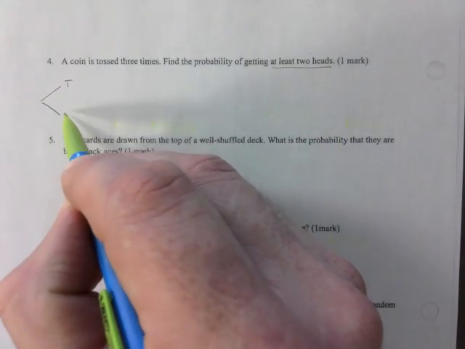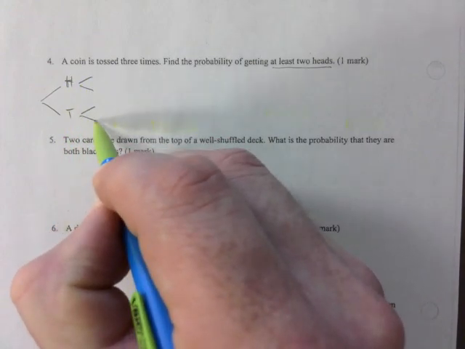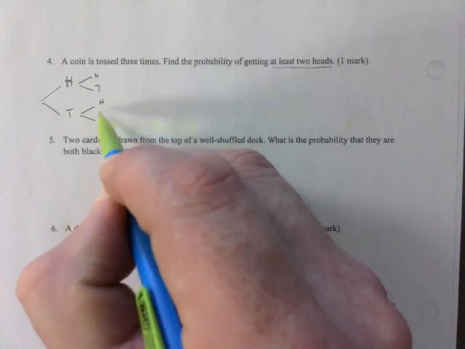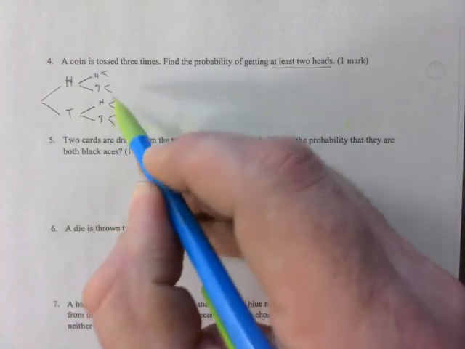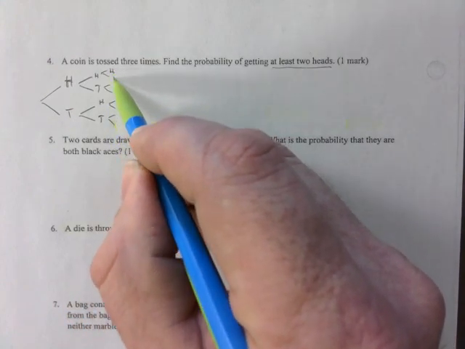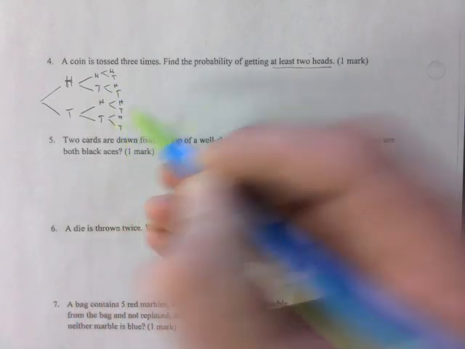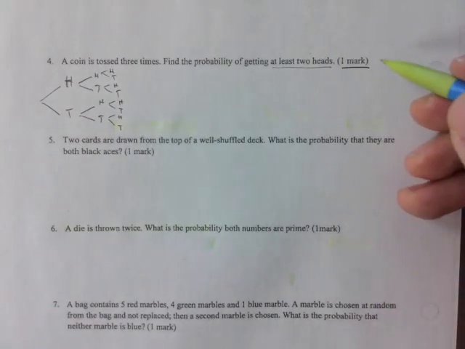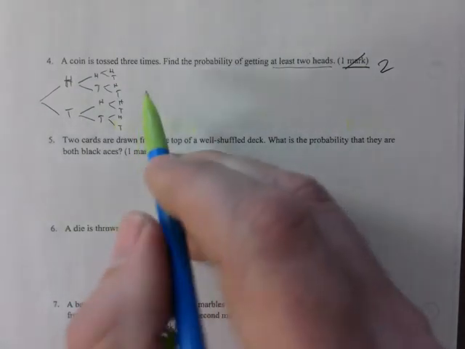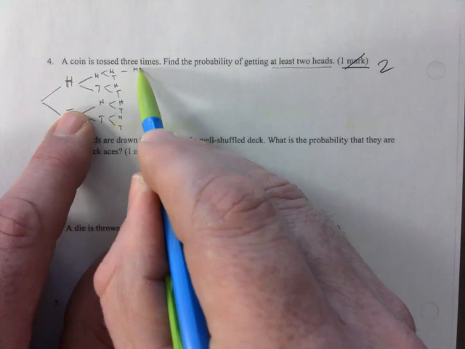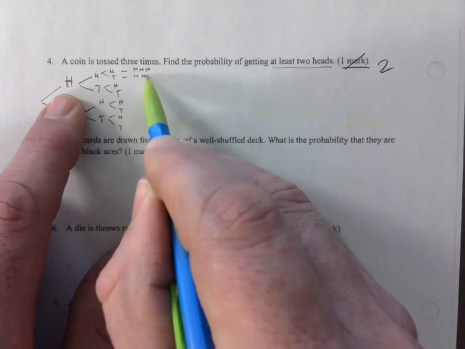So we've got heads, tails, heads, tails, heads, tails. This is a little tedious, I know, and you got to be careful. So to me, this is not a 1-mark question. This is a 2-mark question, and the province would do the same. So the first one, all 3 land on heads, and then heads, heads, tail.